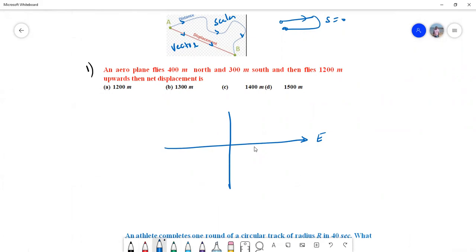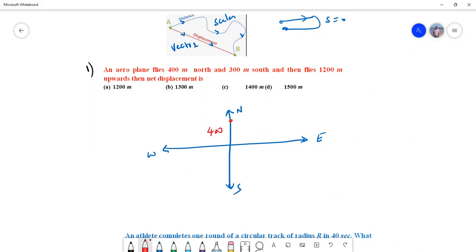This is east, this is west, this is north, and this is south. So he said that an aeroplane flies 400 meters north. So up to this point, it is going up to north. So this is 400 meters.